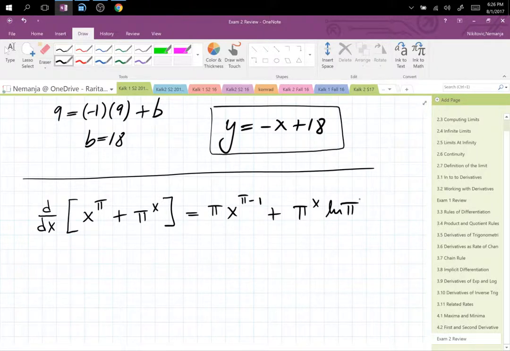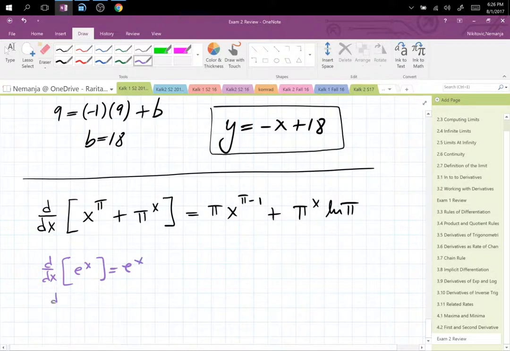What rule is it? Somewhere we learned the derivative of e to the x is e to the x. The derivative of e to some function is e to that function times function prime.